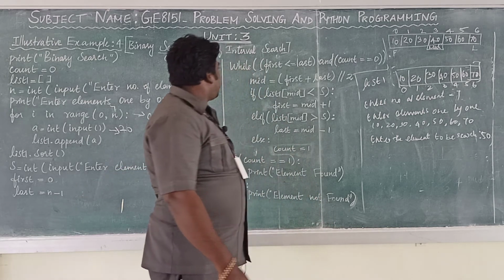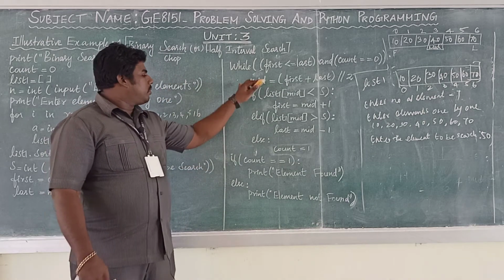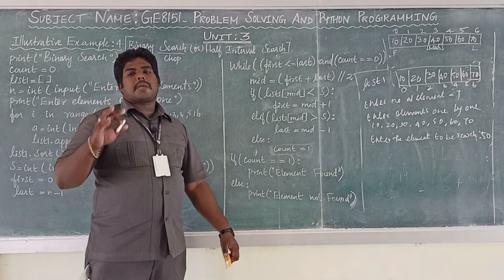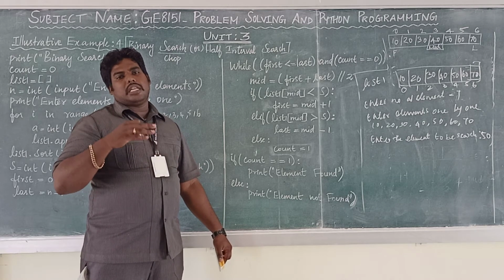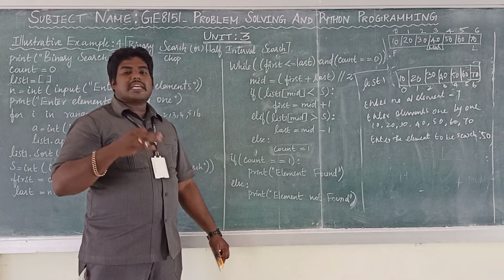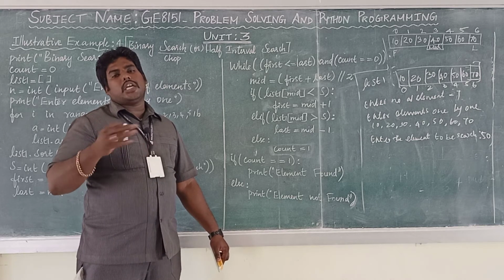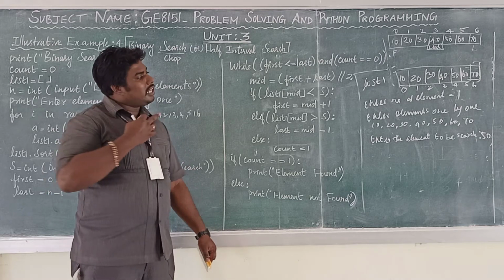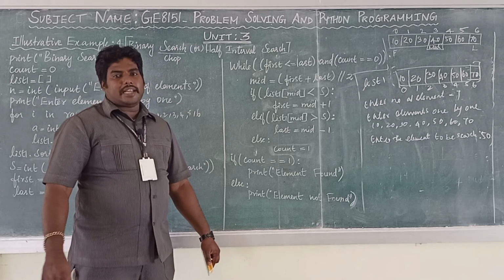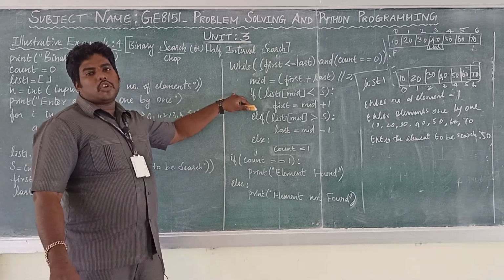Okay. Now, see the while loop. I want to repeatedly check 3 conditions. What are the conditions? List of mid less than yes, list of mid greater than yes, list of mid equal to yes. I want to repeatedly do till the last index. So I am using a loop here.